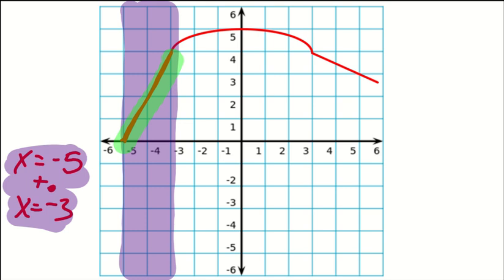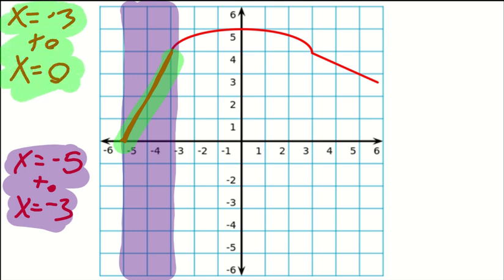So that means it is increasing. Everybody follow? All right, so now let's go from, let's say, x equals -3 to x equals 0. So if I'm going from -3 to 0, that's this section right here.